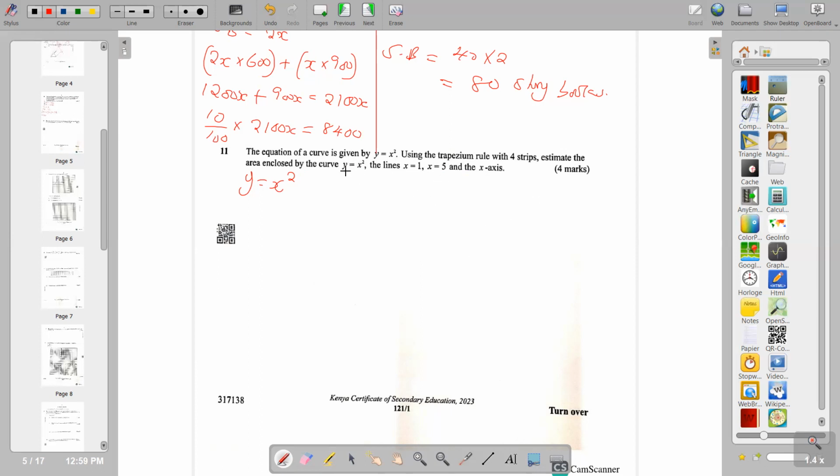Now this statement is what it means. So you have a curve. Of course, this is a quadratic curve. And then maybe you can have a Cartesian plane.